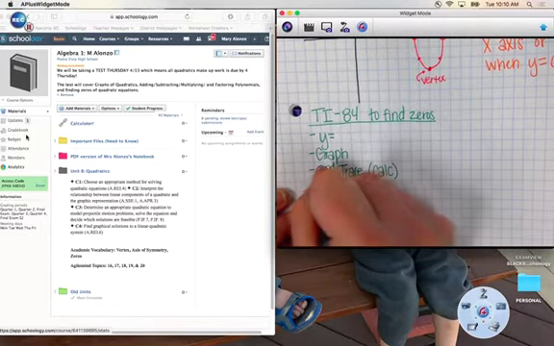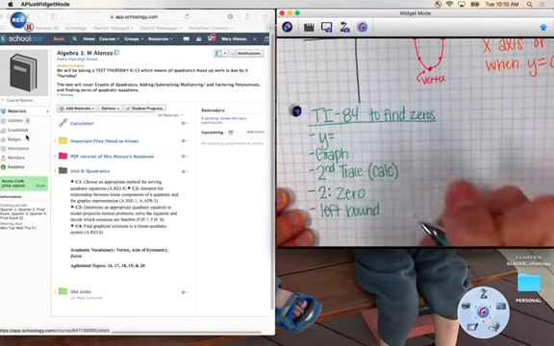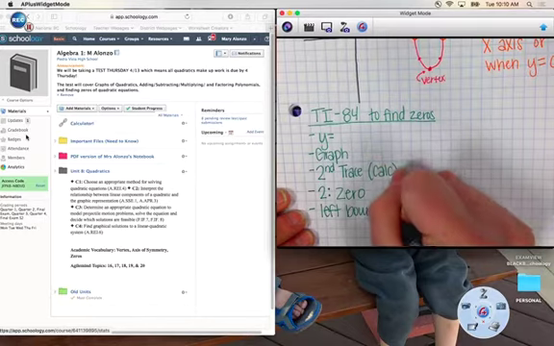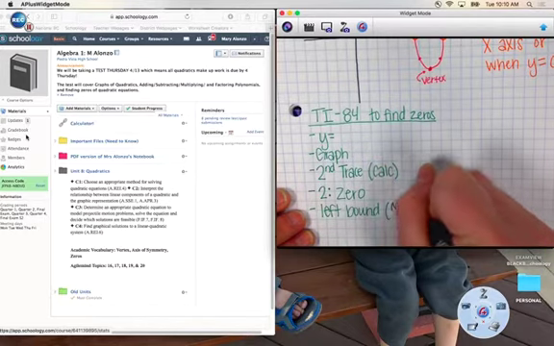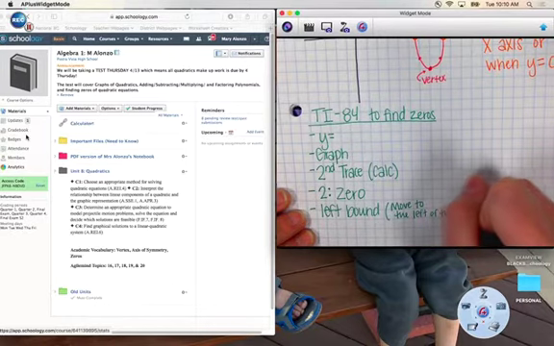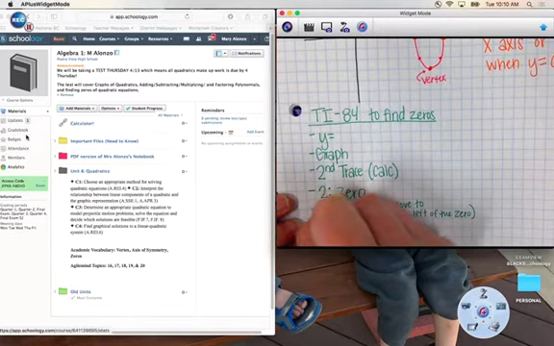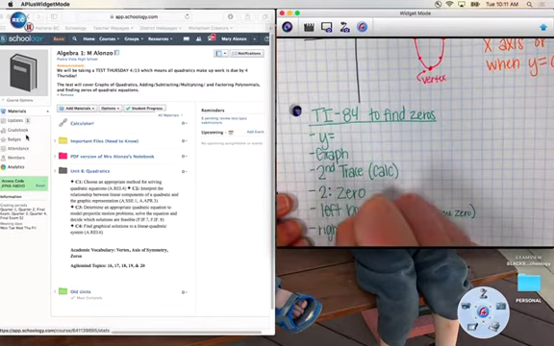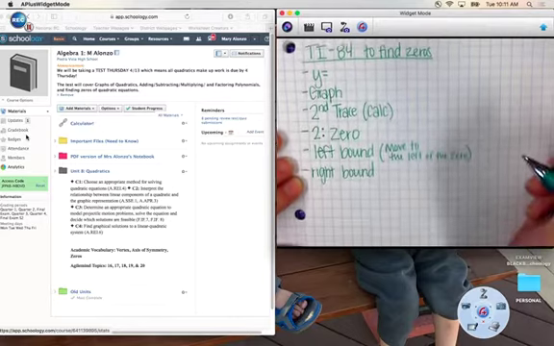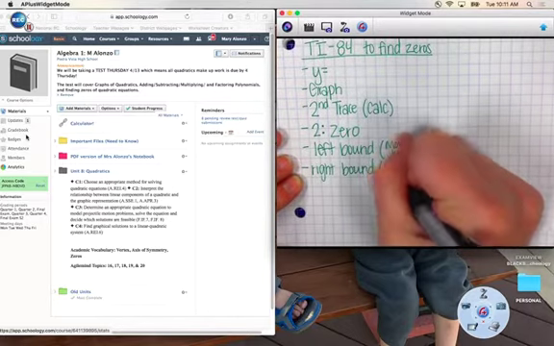It's going to pop up on the bottom saying left bound. You will have to move to the left of the zero. Right bound. Move to the right.